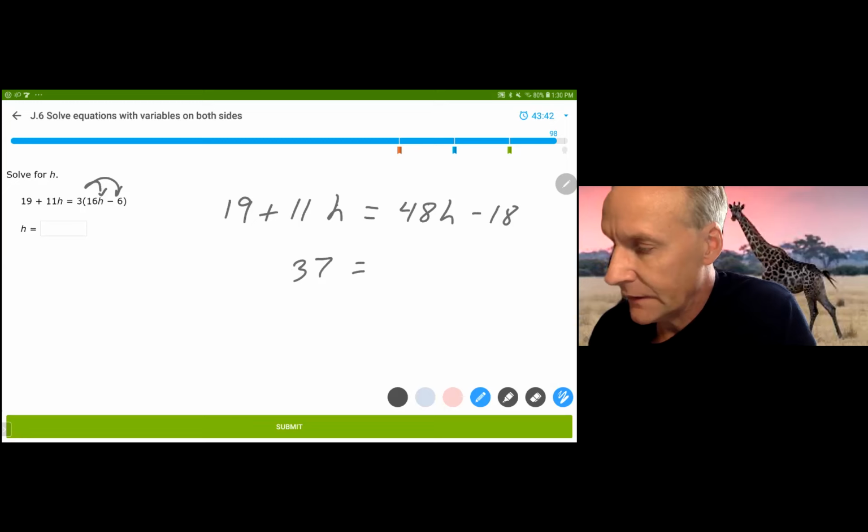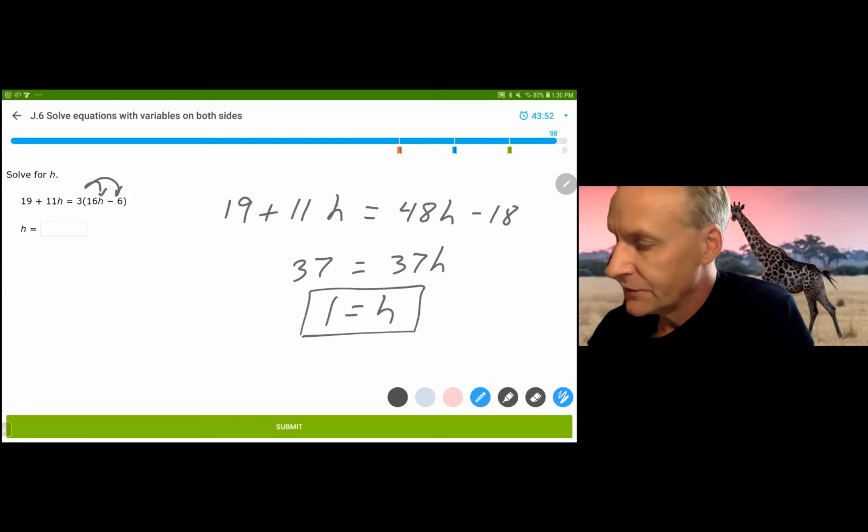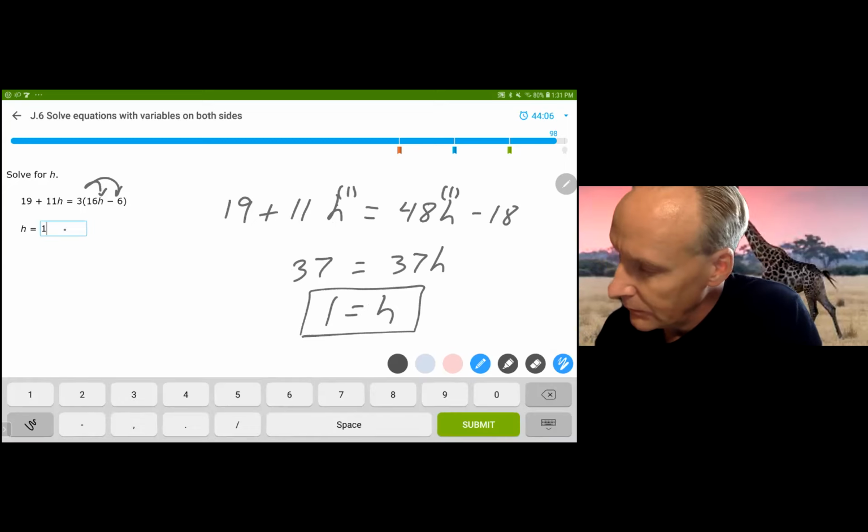I'm going to subtract the 11h from both sides and get 37h. And I'm going to divide by 37 and get 1. And sure enough, if I think about the 1 going right here and the 1 going right there, 19 plus 11 really is 37, and 48 minus 18 really is 37.